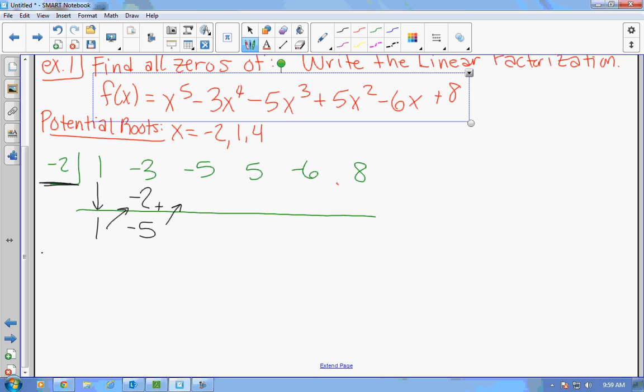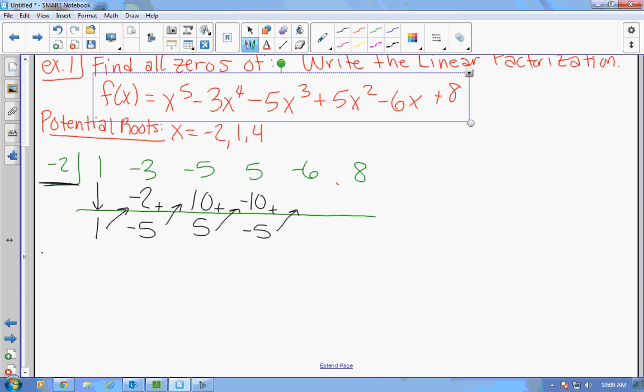Multiply by negative 2, which makes positive 10. Add up my column. What do I get? 5. 5 times negative 2 is negative 10. Add up my column. 5 minus 10 will make negative 5.